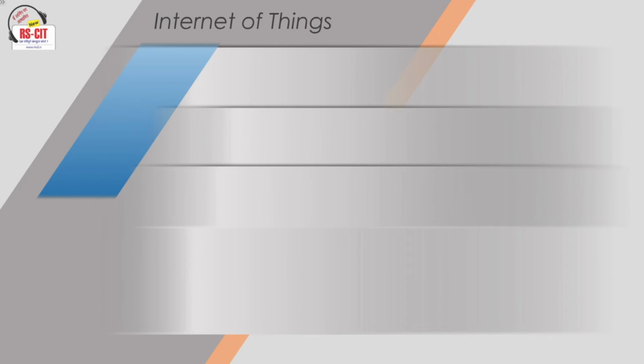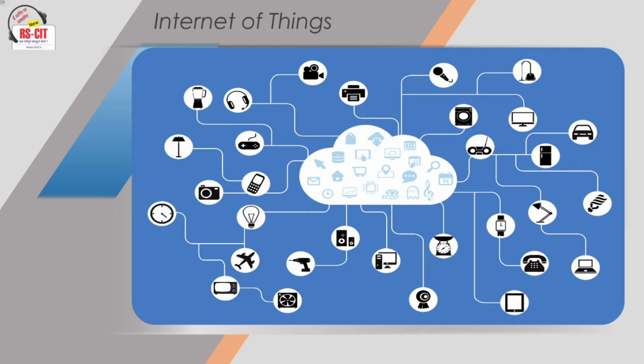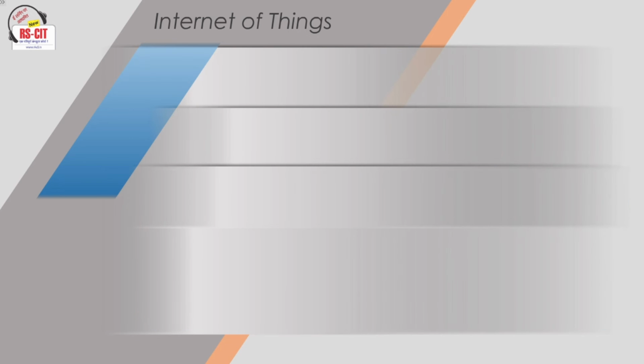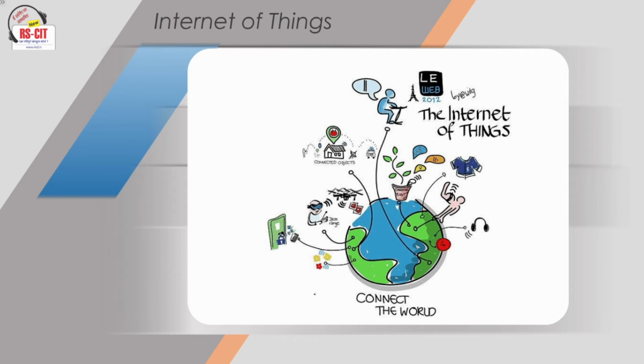IoT, Internet of Things. The Internet of Things, that is IoT, is the network of physical objects or things embedded with electronics, software, sensors, and network connectivity which enables these objects to collect and exchange data over the cloud. The Internet of Things is an environment in which objects, animals, or people are provided with unique identifiers and the ability to transfer data over a network without requiring human-to-human or human-to-computer interaction.